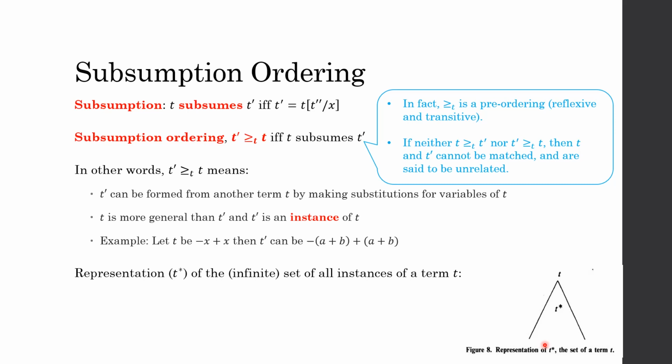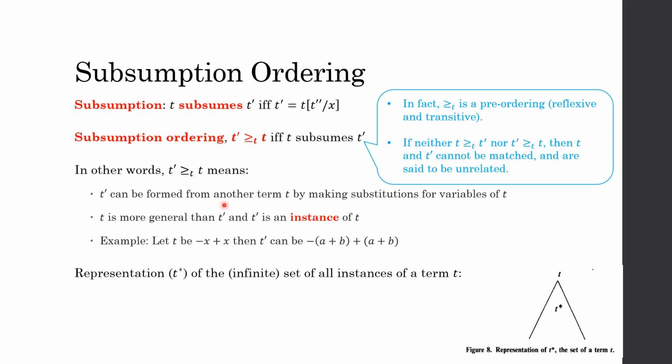The idea of subsumption is that t subsumes t prime if and only if t prime can be obtained from t by making substitutions of variables of t. This is a mathematical formulation, so I'm going to just explain in layman's terms. So t is a more general form than t prime, and we call t prime an instance of t.